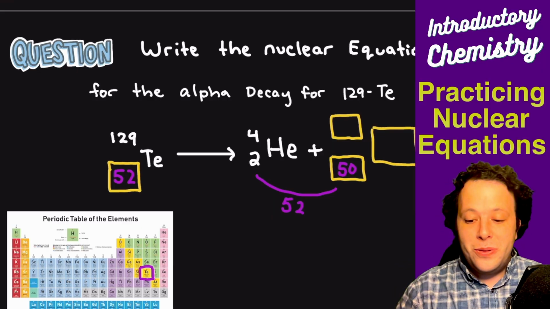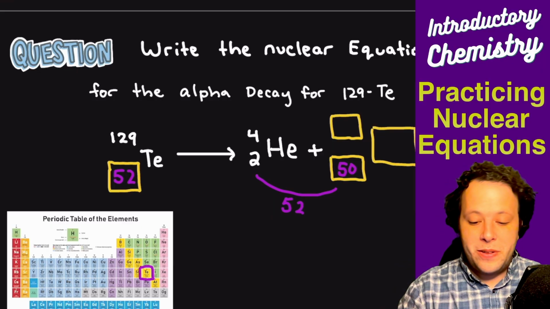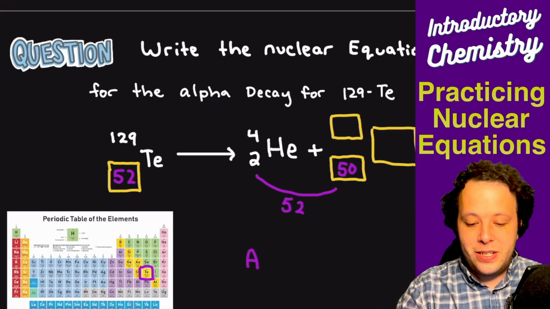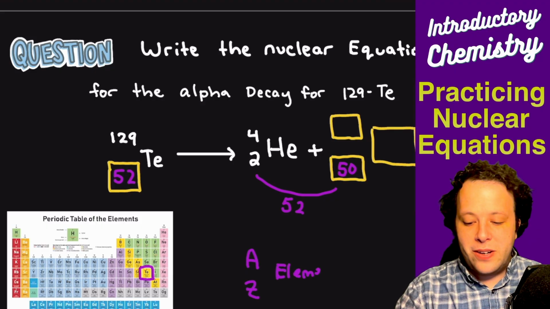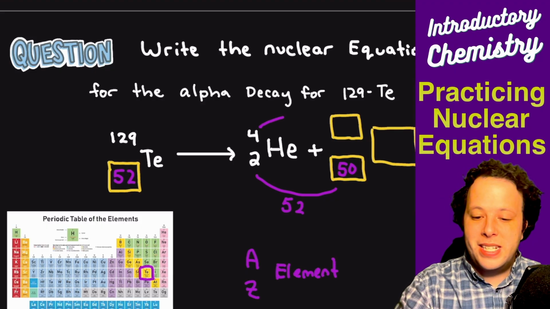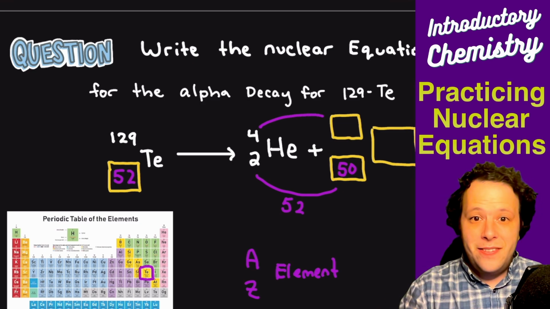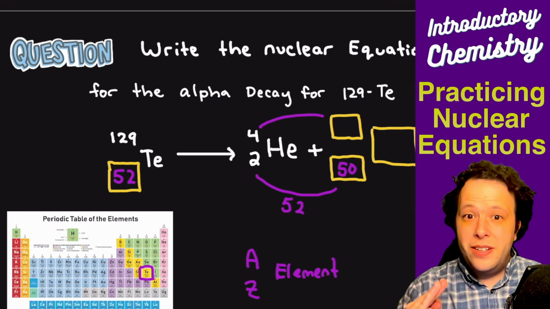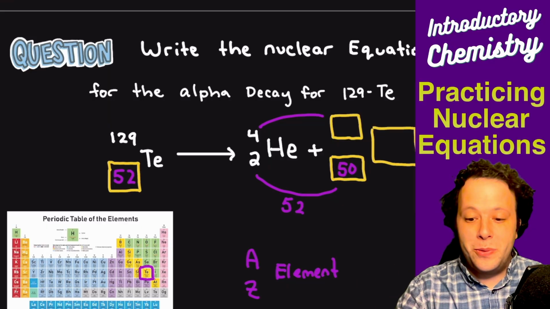Now, when we do our next part, we have to remember that when we're looking at all these different pieces of the puzzle, trying to figure out what our element is, we also have to add up our masses. Being that the left-hand side is equal to a total of 129 for the atomic mass, that means the right also has to add up to 129.